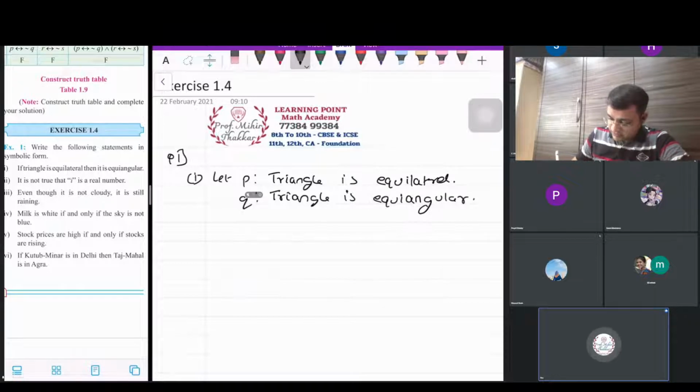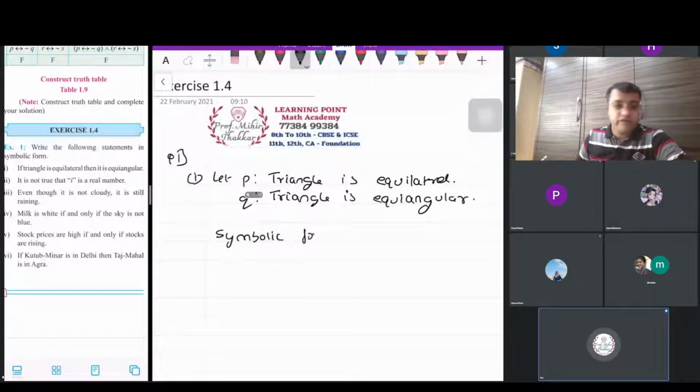Then in such a case, we just have to write down the symbolic form. He has not asked anything else, but we will write the truth values as well wherever possible. The symbolic form comes out to be P implies Q, or you can say P arrow mark Q.